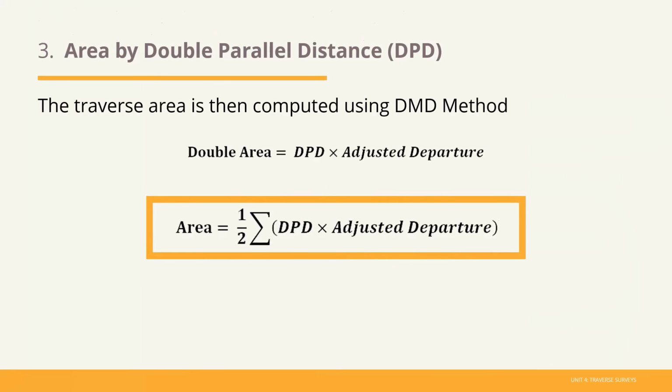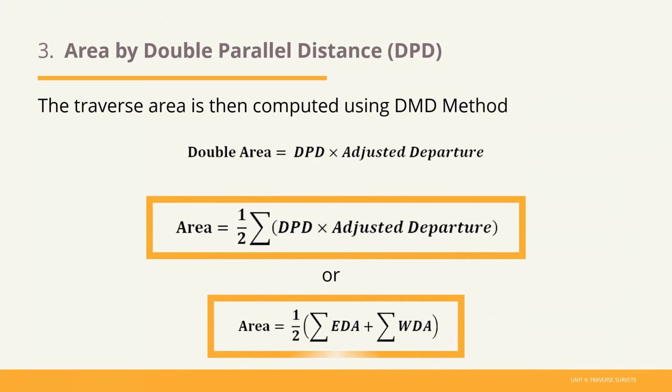And so area is equal to 1/2 multiplied by the summation of the double area, or it can also be presented as area is equal to 1/2 multiplied by the summation of EDA, or east double area, plus the summation of WDA, or west double area.